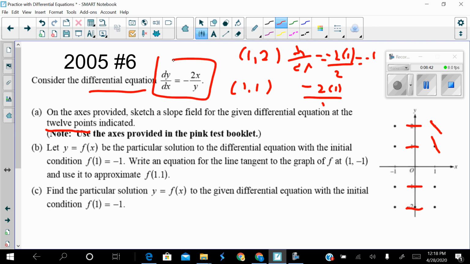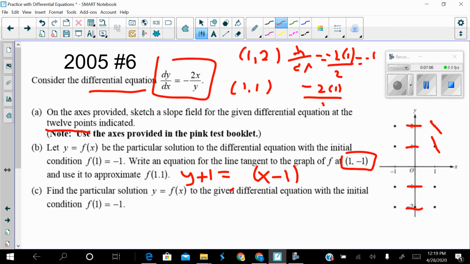So the only thing we have, we'll use point slope. This will be our point 1, negative 1. So y minus the y coordinate of the point, so minus negative 1 is plus 1, equals, now we'll get the slope in a minute, and then we have x minus the x coordinate of the point. The slope of the tangent line is just dy dx at that point.